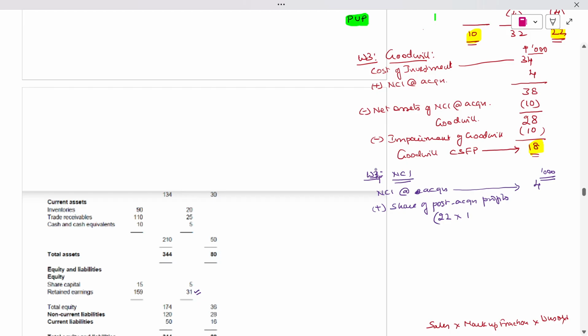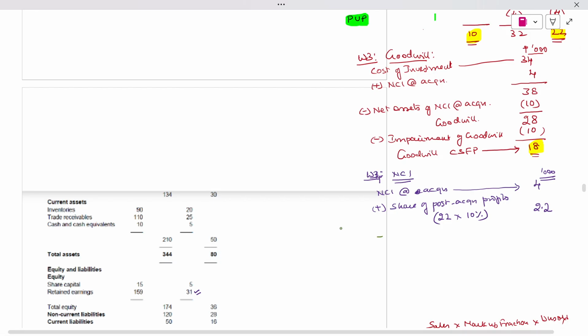Yes. What is the percentage of NCI? 10%. It comes to how much? 2.2. What do you have to do next?